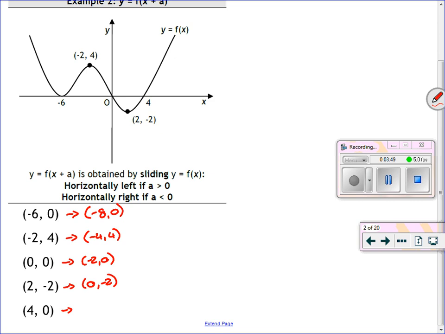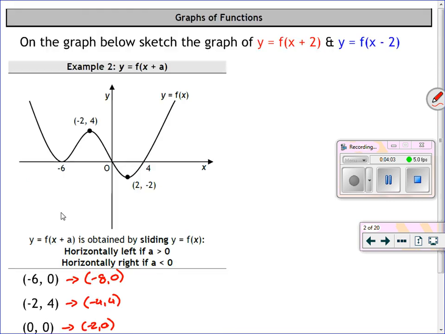And 4, 0 becomes 2, 0. So notice I've kept all my y coordinates the same, but I've just taken my x coordinates and subtracted 2 from them, because that's the opposite of plus 2 inside the bracket.